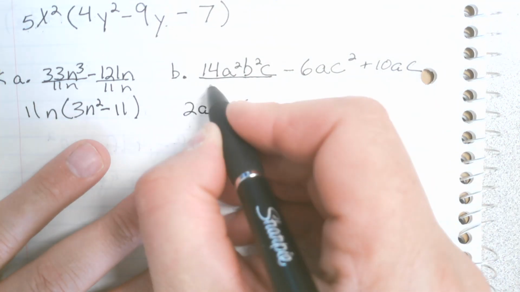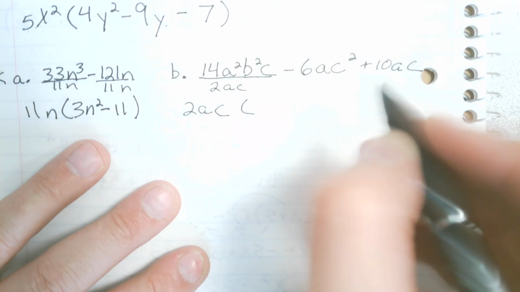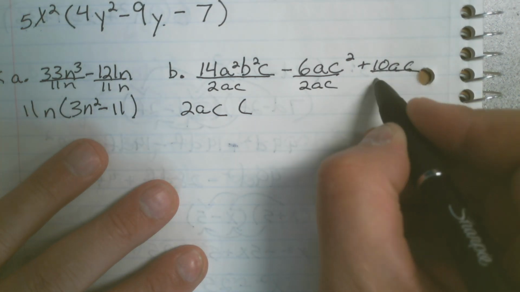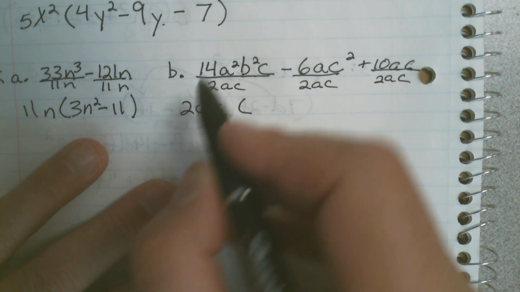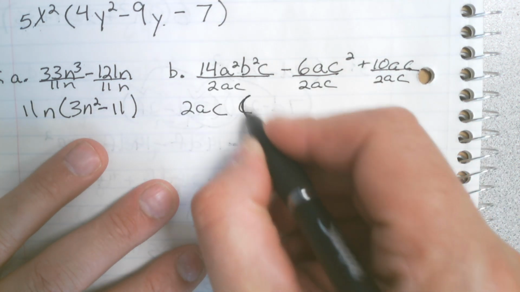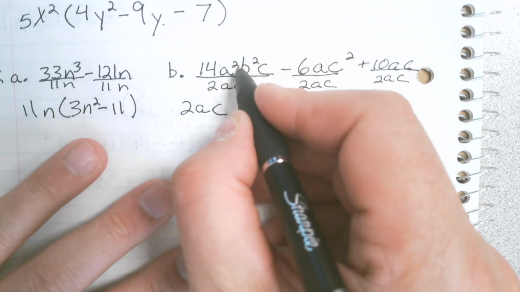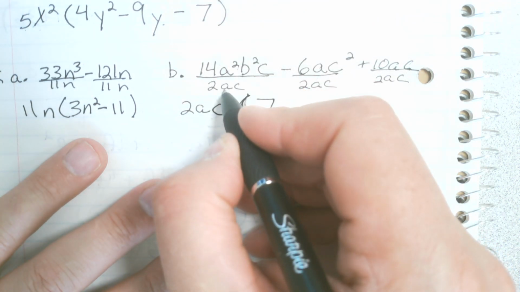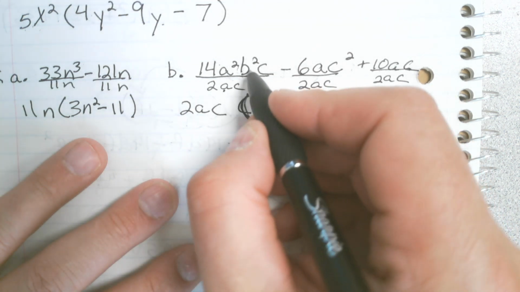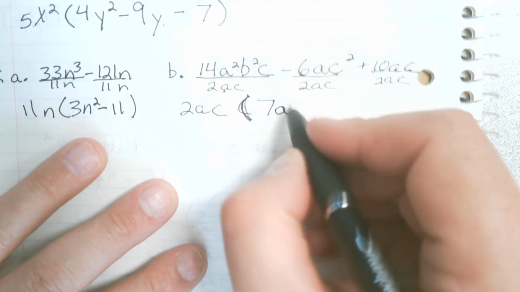All right, so we're going to divide this by 2ac, divide this by 2ac, and divide this by 2ac. 14 divided by 2 is 7. If I have 2 c's and get rid of 1, how many do I have left? 1. The b squareds, do they magically disappear?